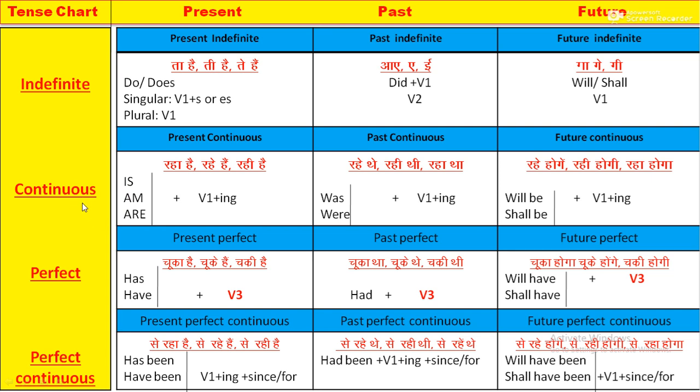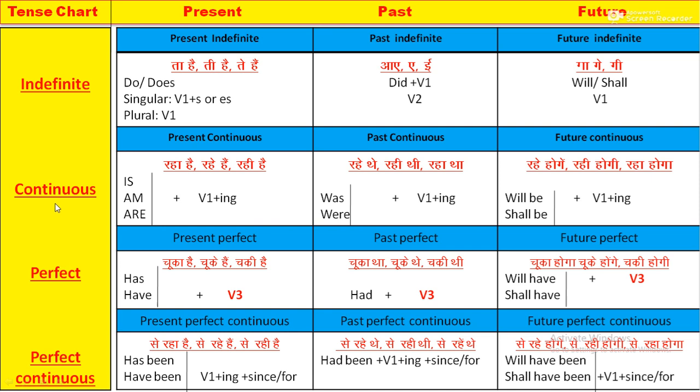It is continuous: progress, continuing, it's working, it's running. And perfect means when the action has stopped, the action is complete. So that is called perfect. Means something is done, and it is called complete or perfect.